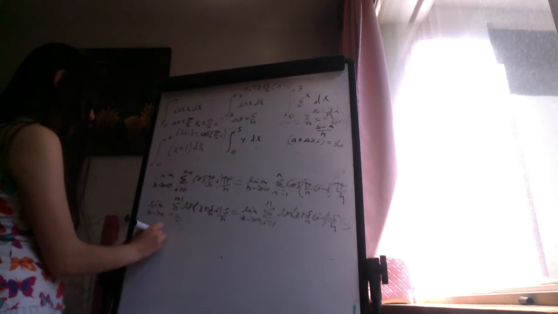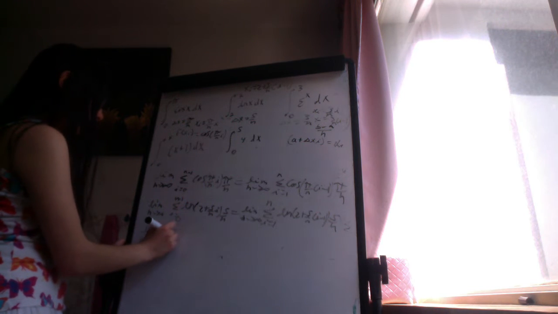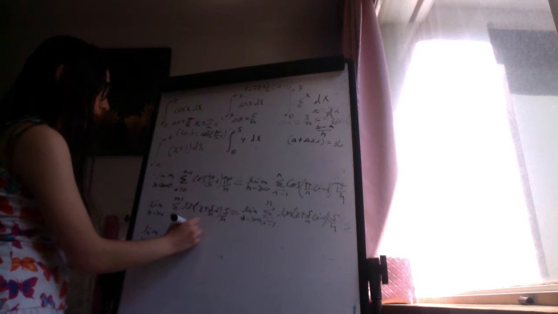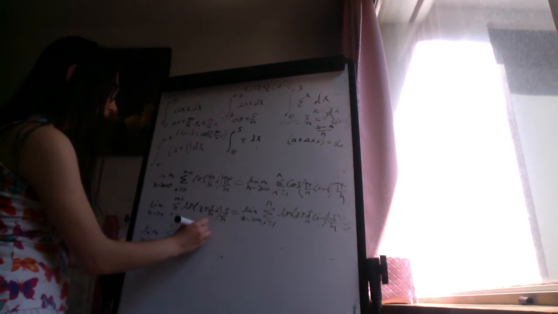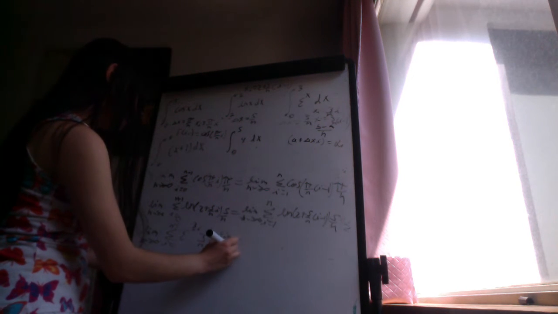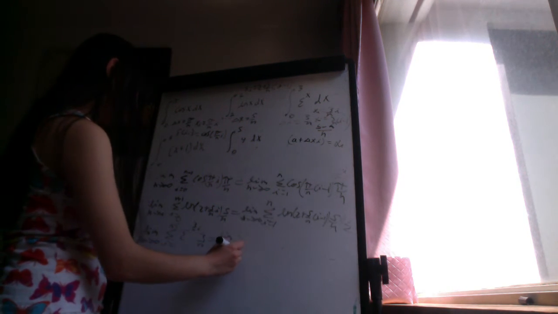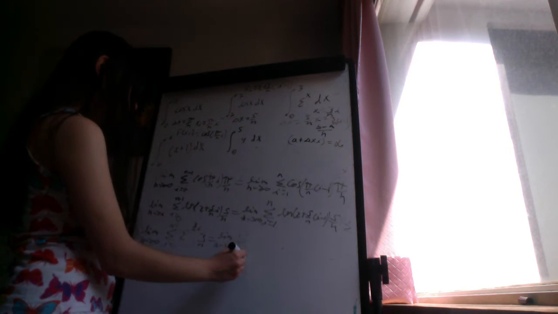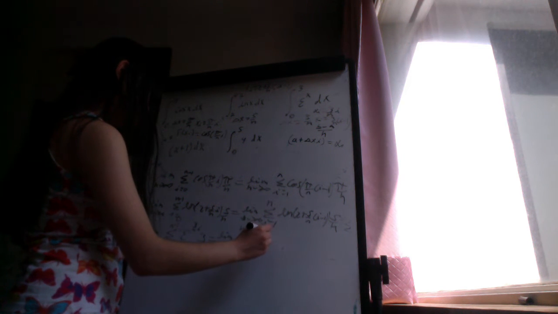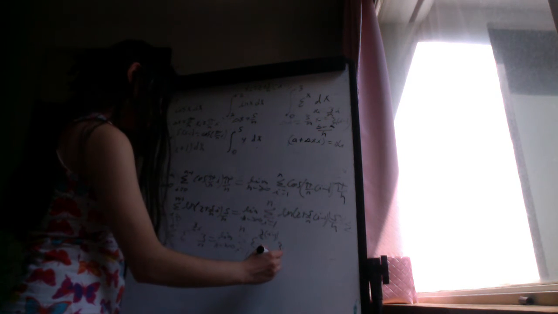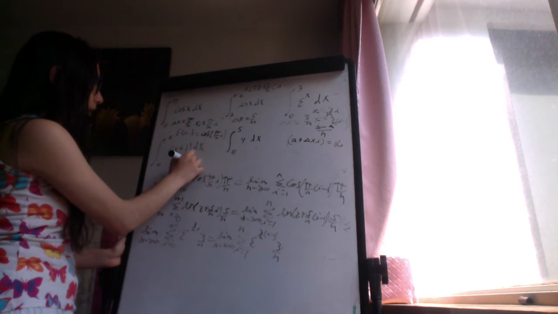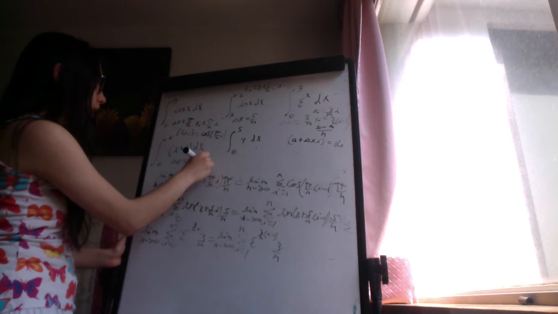So the limit as n approaches infinity of the sum from I equals 0 to n minus 1 of e to the 3 over n I times 3 over n, or the limit as n approaches infinity of the sum from I equals 1 to n of e to the 3 over n times I minus 1 times 3 over n.